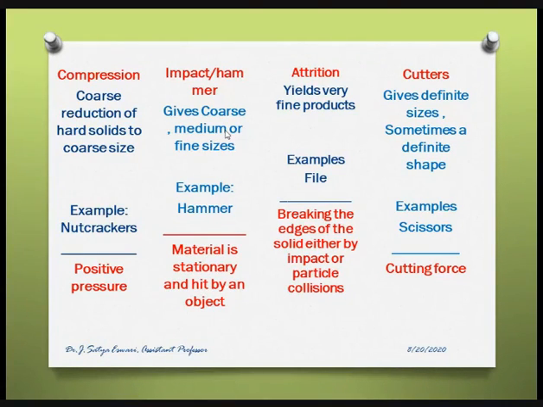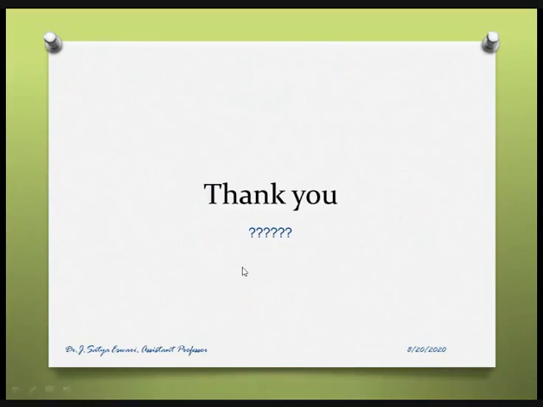That will be the example of the hammer, where the material is stationary and hit by an object. This is the impact working principle. Attrition yields fine products by breaking the edges of the solids, either by impact or particle collisions. Cutters give definite sizes, sometimes definite shapes. The example is cutting force. Thank you.